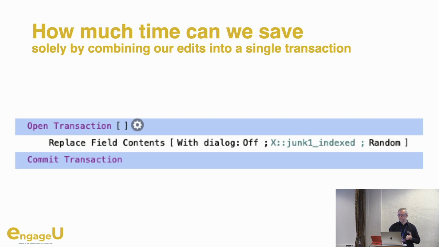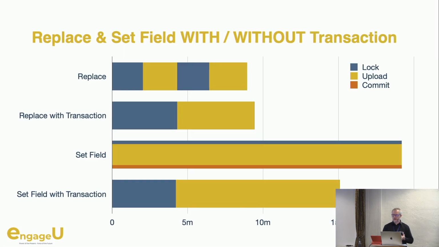So what I found out was that there is an impact in how FileMaker processes my requests. Although in the case of replace field contents, it does not have significant impact on the time.